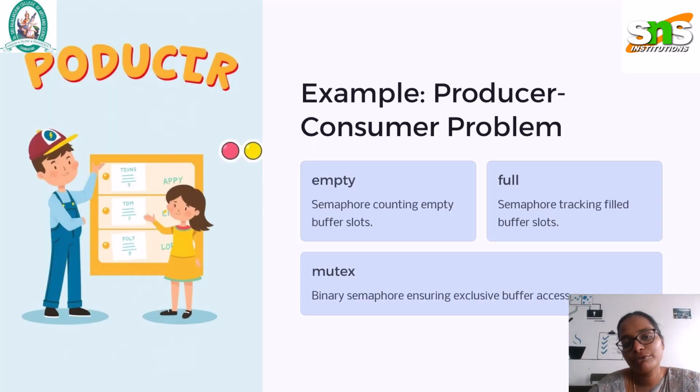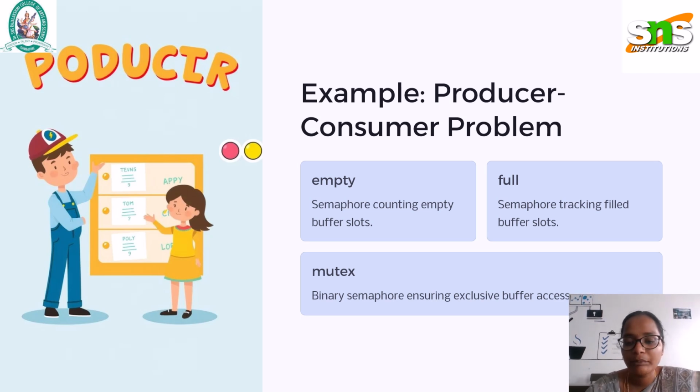The main example for semaphore is the producer and consumer problem. Empty means counting the values in the buffer slots. Nothing is there, but we are counting on that. Full means all the slots are filled. We need to count how many slots are filled.